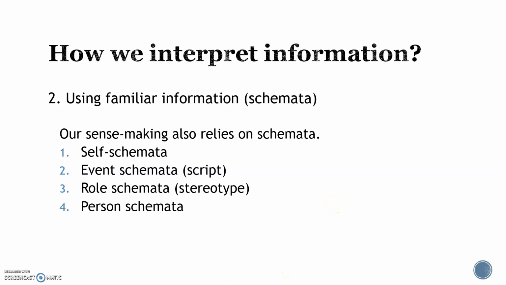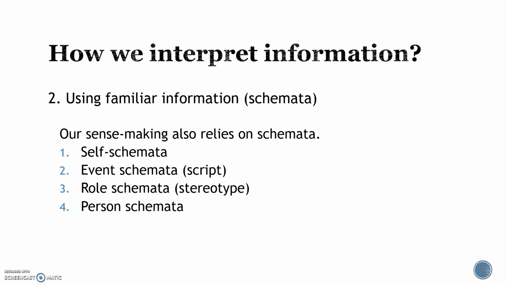And the result of using this schemata is I wouldn't be surprised. I expect that because I know that he is a kind of nerd or geek. Okay, so in this latter situation, I'm using something called person schemata to interpret this situation.